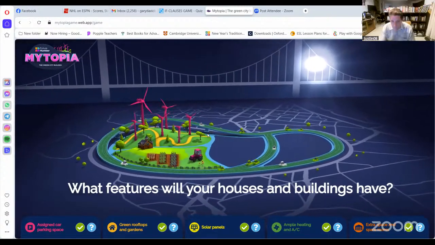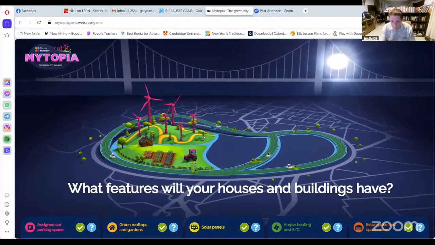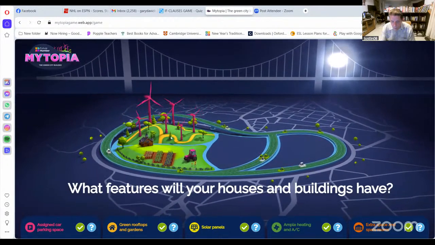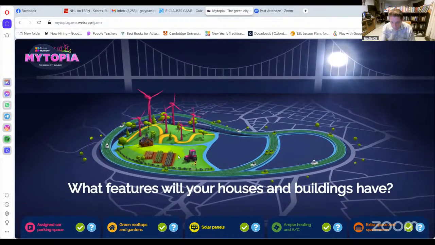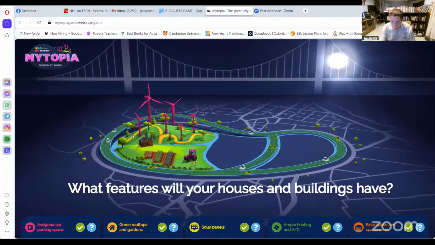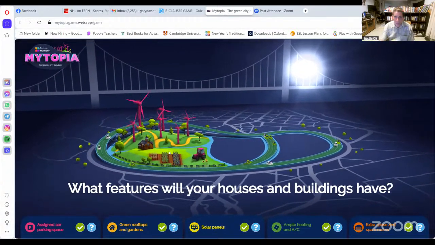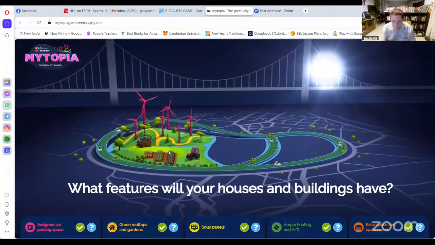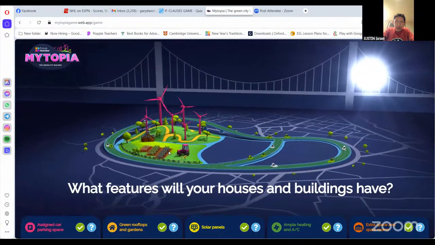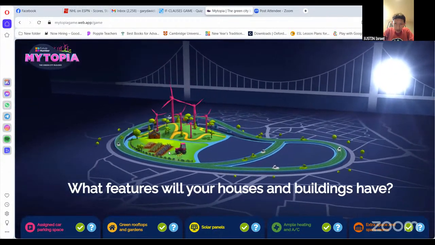Okay. So if these farms are local, will they be using natural fertilizers, or do you think they'll be using more chemical fertilizers? They'll use natural fertilizers. Okay.